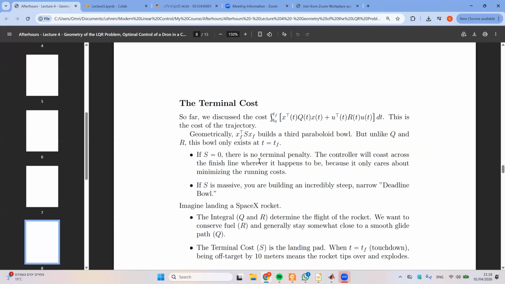Now, the terminal cost is like the landing pad. So it's quite obvious in this very, very specific case of the SpaceX rocket, it has to land perfectly vertically. So if it lands a little bit skewed, it will just blow up. So in this case, the terminal cost is very, very high.